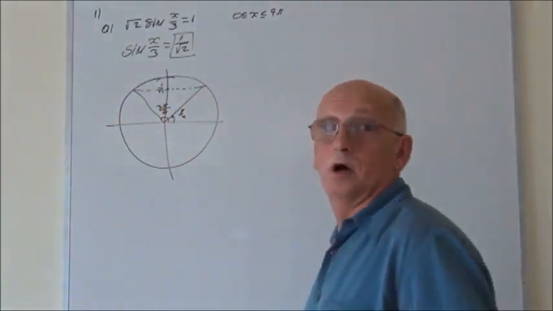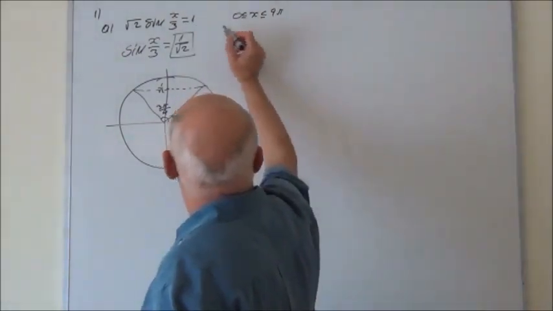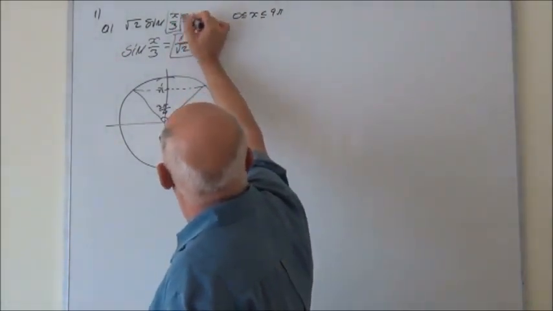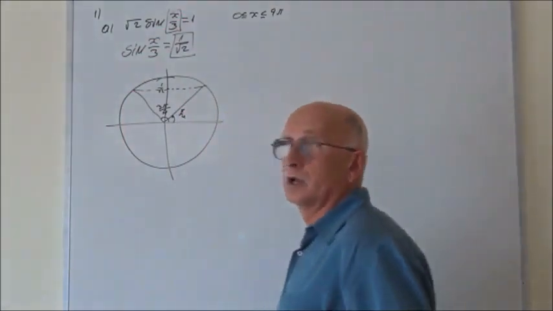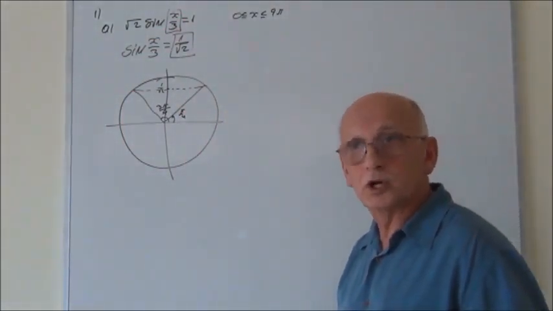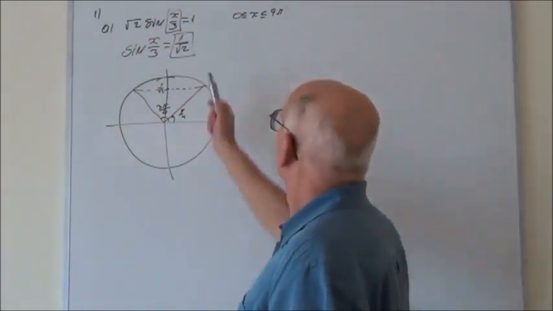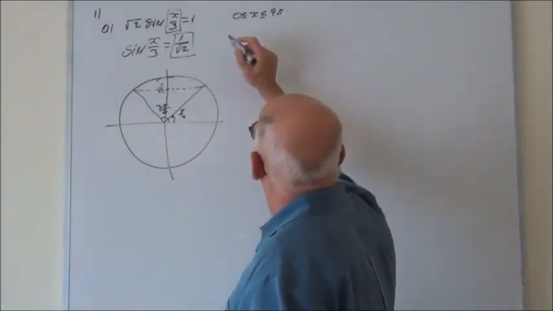Now we have to stop here, because we have to check the domain, but also we have to check the angle. The angle is not x, the angle is x on 3. So we have to adjust the domain for this angle.